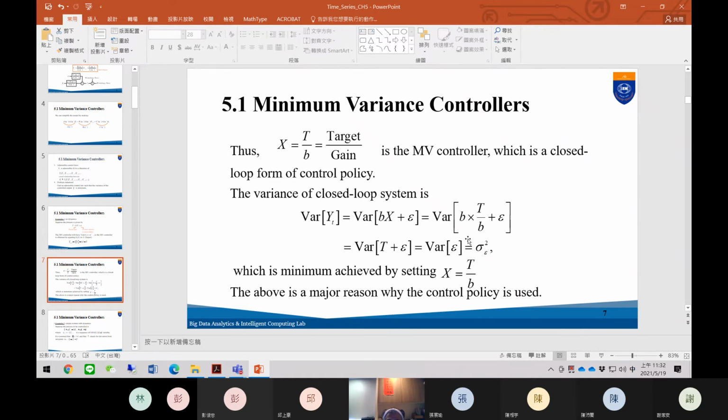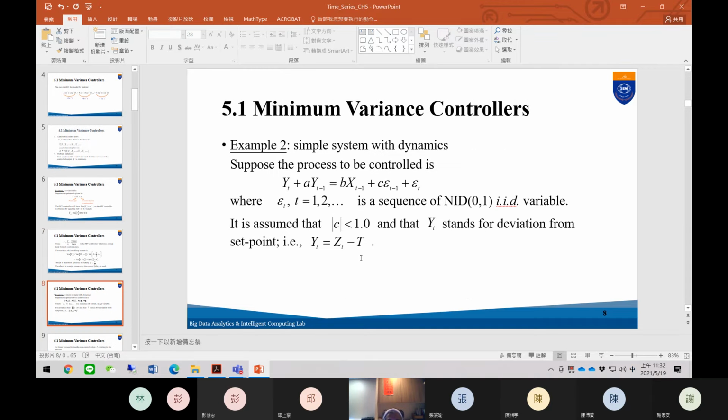So the variance of epsilon_t is sigma epsilon squared, which is the minimum achieved when we set x equal to T over B. That is the major reason this control policy is used. So this is the minimum variance controller.